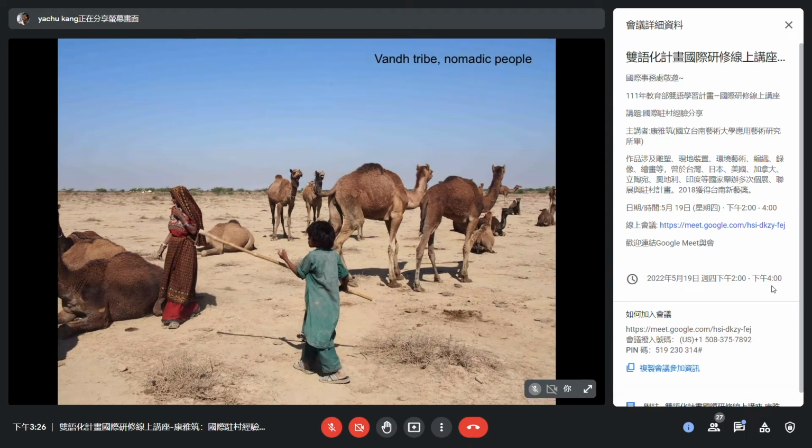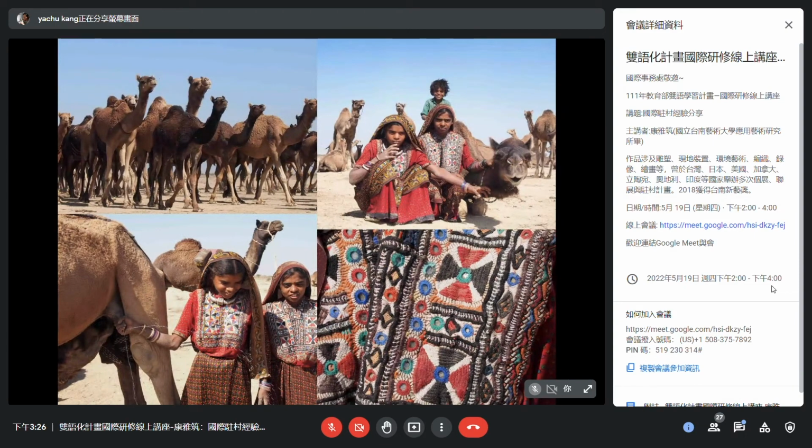And this is the nomadic tribe. You can see people, they were living in the desert with camel. And also the clothes that women are wearing are very beautiful.